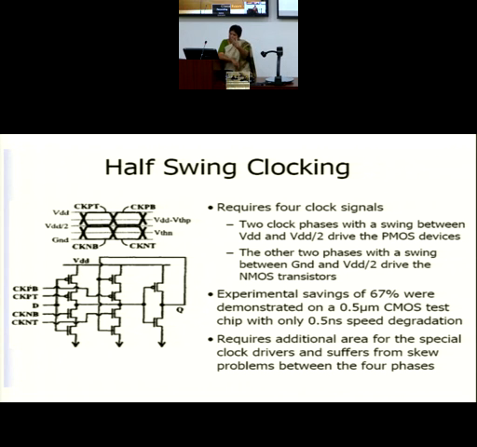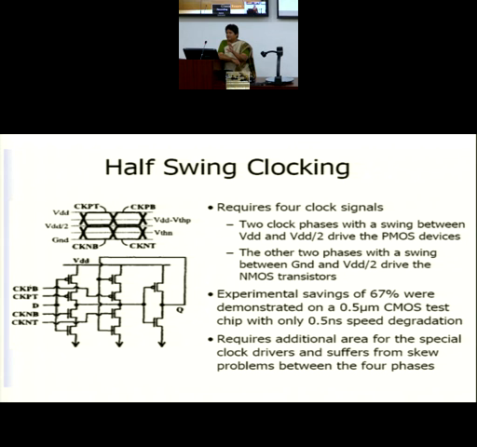Let me not go for a low to high converter. Whatever low swing clock signals I am getting, can I make my flip-flops operate with those? So here they say, okay, if somehow I would be able to generate a half clock swing, meaning the clock changing from 0 to half VDD, or VDD to half VDD, you are curtailing down the swing.